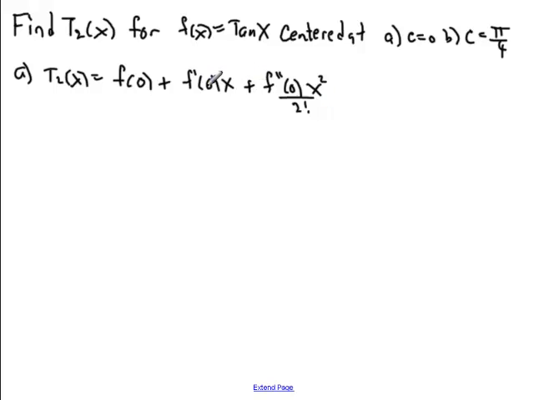This is actually f prime at 0 x to the 1 over 1 factorial, and even f of 0 x to the 0 over 0 factorial. So that's the general term.